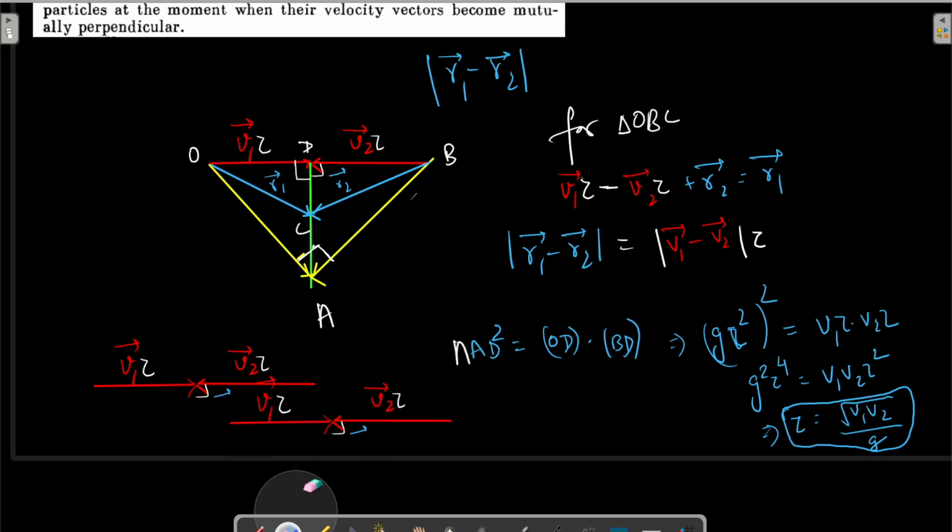So now if we move this arrow from this end to this end, we get minus v2 vector. So the addition of these magnitudes will give us v1 minus v2 mod with tau.